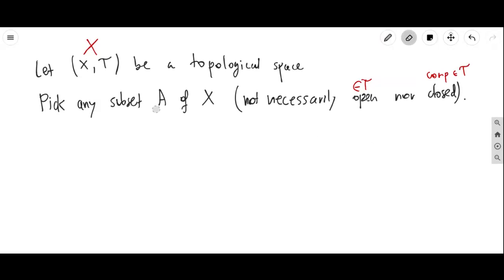And we've made this comment that just because you pick a subset of X does not mean it has to be open or closed. These are not opposite concepts, and it could also be open and closed at the same time.